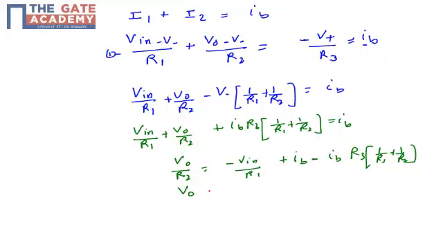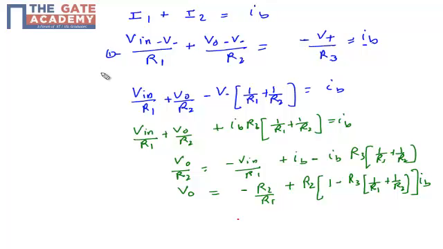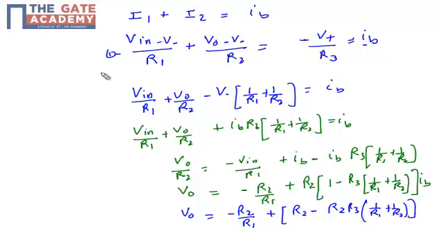So I can write the output V naught as minus R2 by R1 Vin plus R2 times (1 minus R3 times (1 by R1 plus 1 by R2)) times IB. Further, V naught is equal to minus R2 by R1 Vin plus (R2 minus R2 R3 times (1 by R1 plus 1 by R2)) of IB.